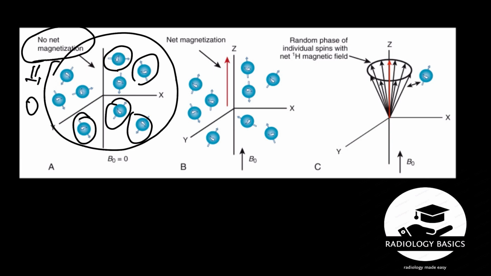The net magnetization vector is 0. Whereas once we place the human in the center of the magnetic bore, the primary magnetic field B0 impacts each small magnet, that is H plus ions, the protons, and tries to pull them along its axis.